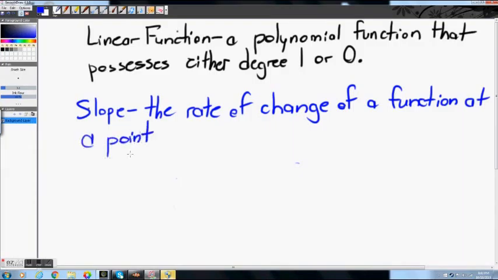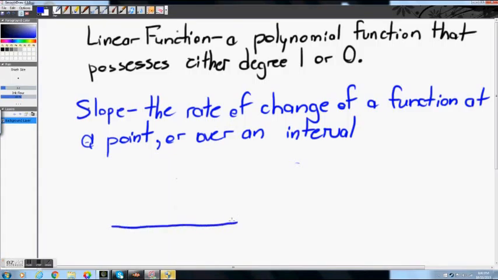So, what does this mean? Well, let's look at the example of a hill.